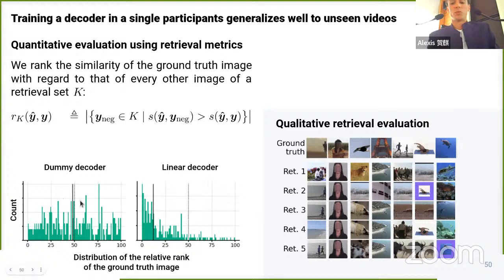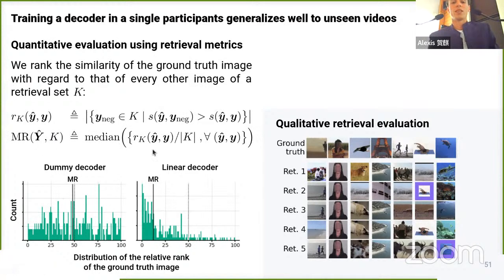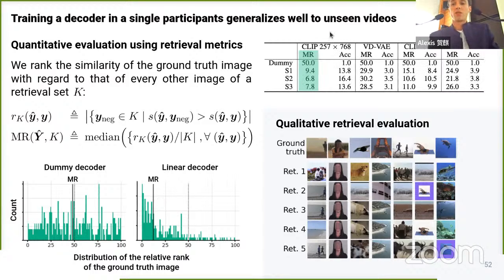We sum up these distributions by just using the median rank, so with just one number, the median rank being this bar that you see right here. What we observe is that, so we've tested many different image encoders, I'll come back to that later, but what we see is that it's possible to train decoders in every participant of the dataset that achieve pretty decent decoding accuracy on this task.